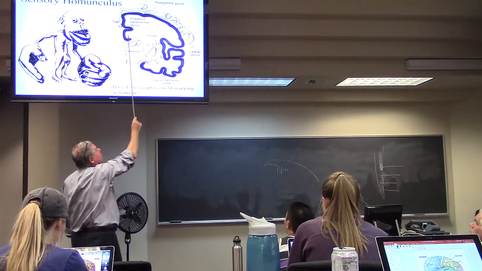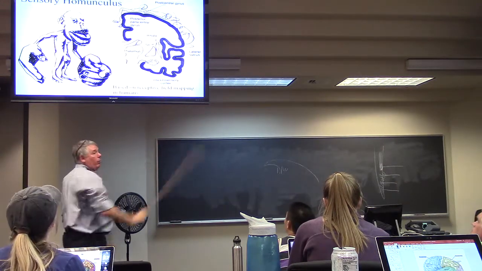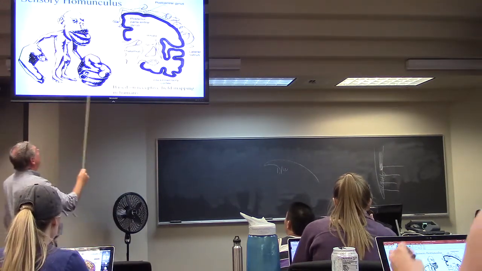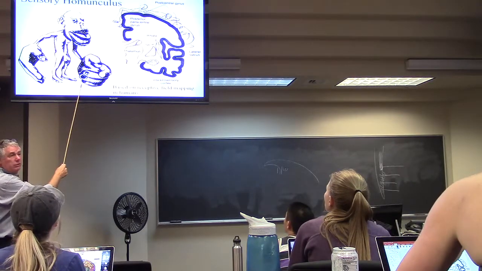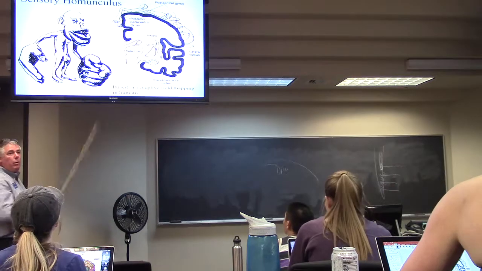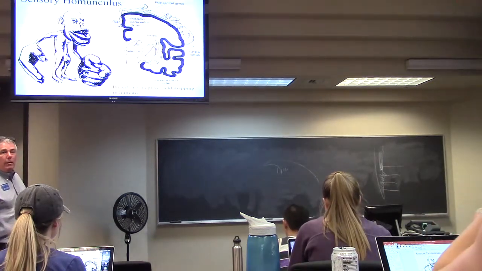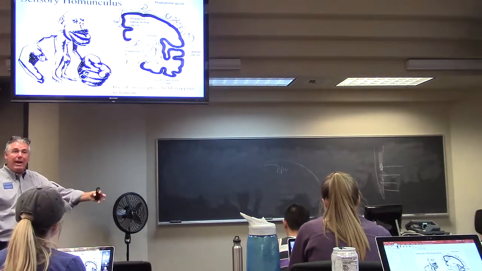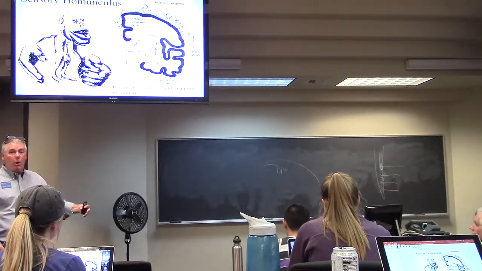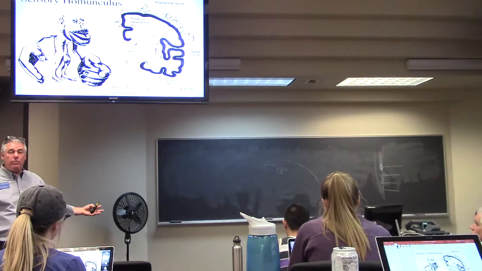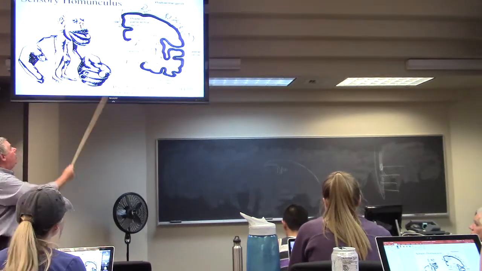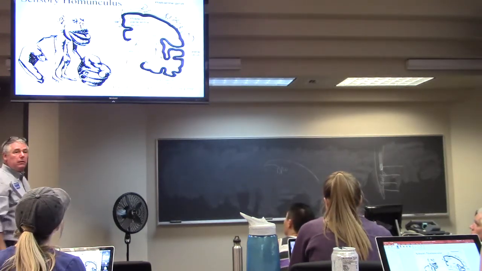That's the postcentral gyrus. This thing is called an homunculus. You are disproportionately represented in terms of the cortex that you dedicate to a sensation. What do you think has the highest dedicated space? Your hands and your face.